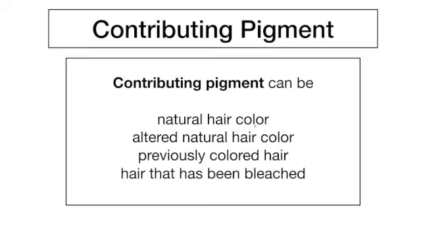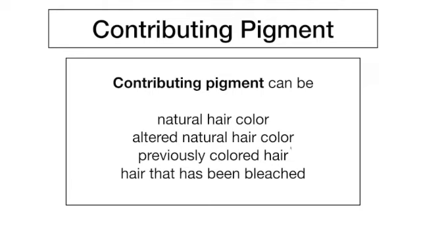If I'm using a deposit only hair color, then the natural hair color contributes to the color formula. If I'm using a permanent hair color that lightens and deposits color, then it's the altered natural color that becomes part of the formula.